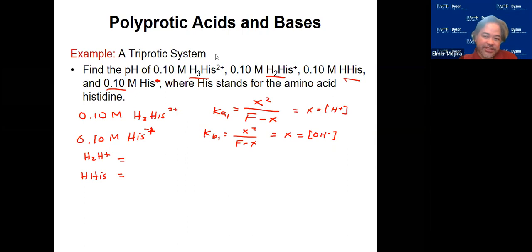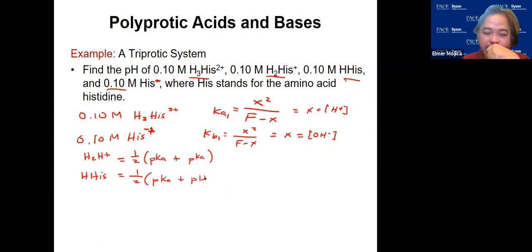Although we have a systematic treatment, we didn't really do it. What we did is we just show you the one half of pKa plus pKa. The same thing with this. So for H2 histidine plus, it's one half of pKa1 and pKa2.